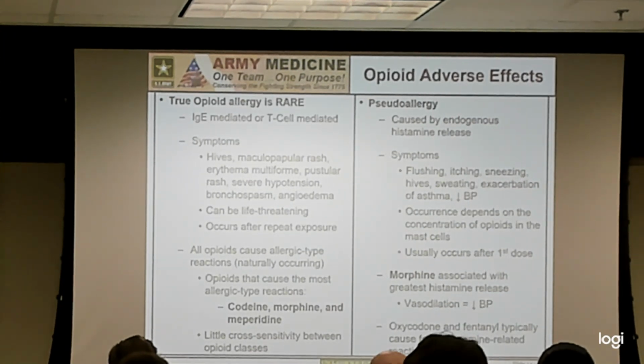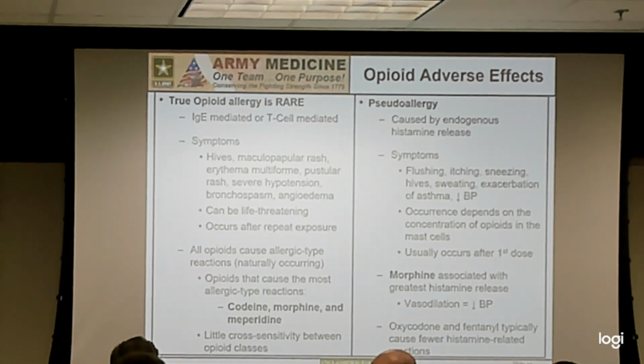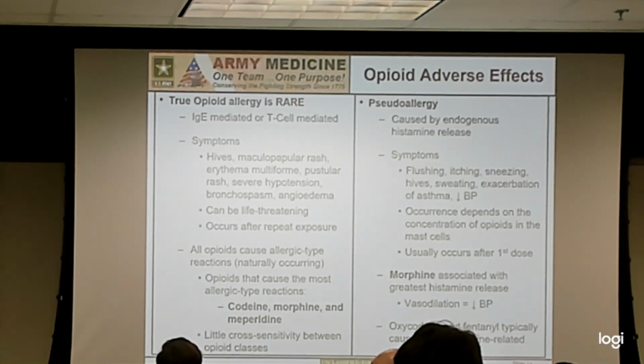This can happen the first time that you give a patient a dose, okay? With a true opioid allergy, you're going to have to have more than 1 dose for that mediated response, and it's very rare. There are more severe effects with the true opioid allergy. It's life-threatening, okay? They're having edema, bronchospasms, they're not able to breathe.